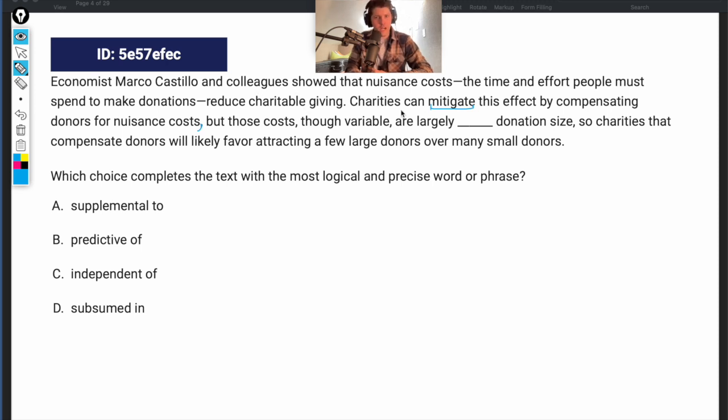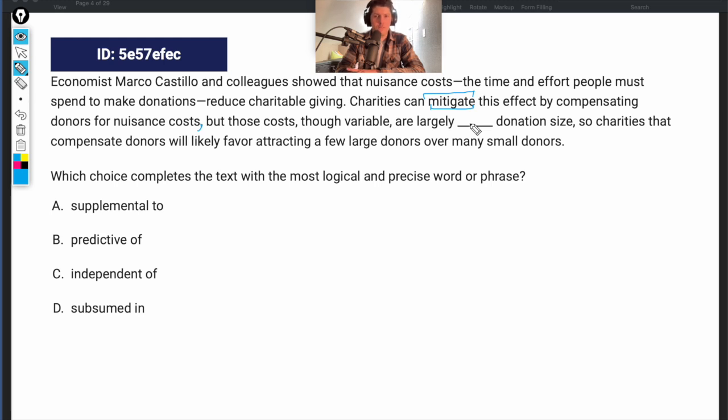From the perspective of the charities, that's a bad thing. And if you compensate the donors, then you lessen that bad thing. So with context, you can surmise what the word mitigate means here. Lessen the effect, right? So the effect is that they give less.